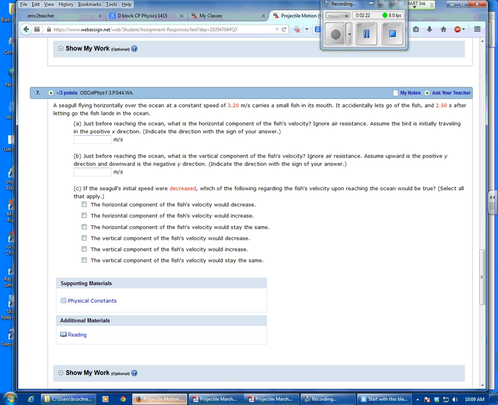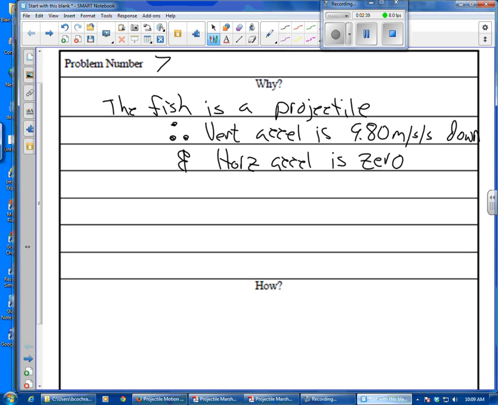If the seagull's flying horizontally, when it lets go of the fish, what does that tell me about the initial velocity of the fish? It's the same as the bird, so it's horizontal, right?